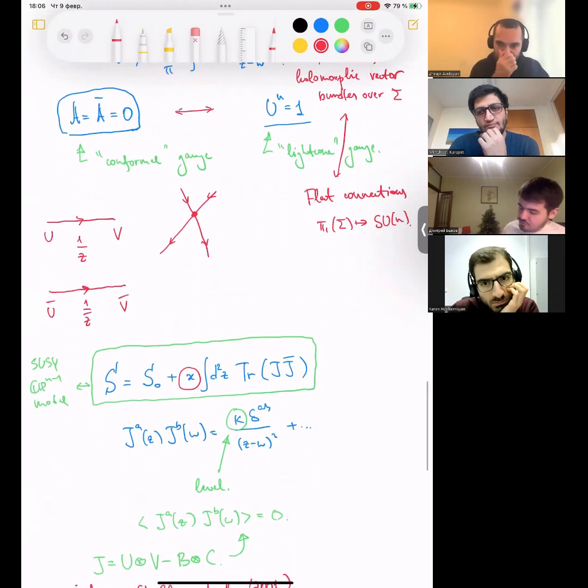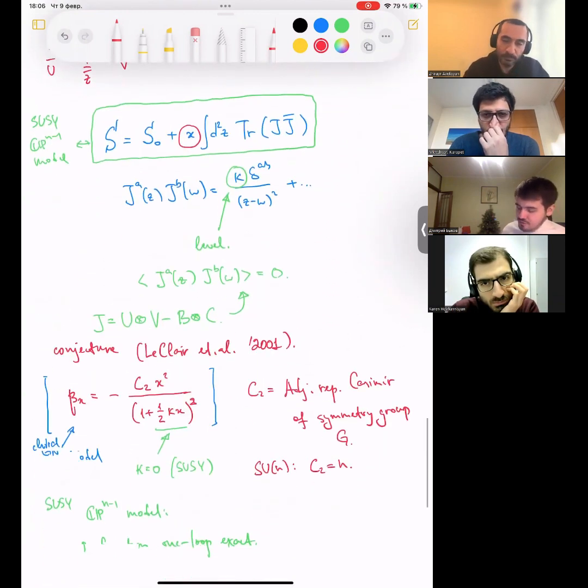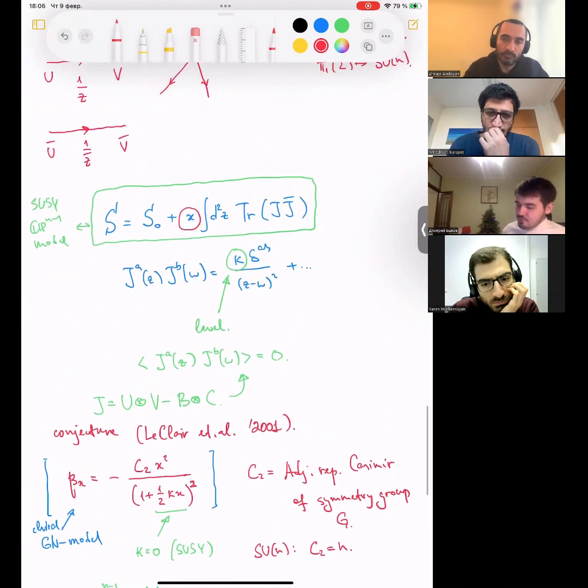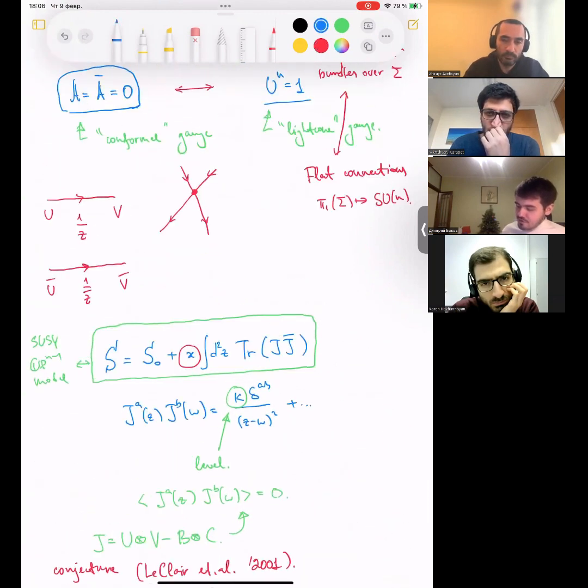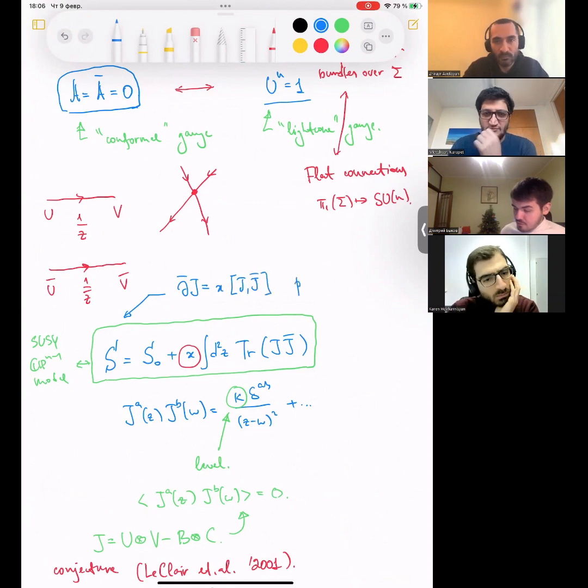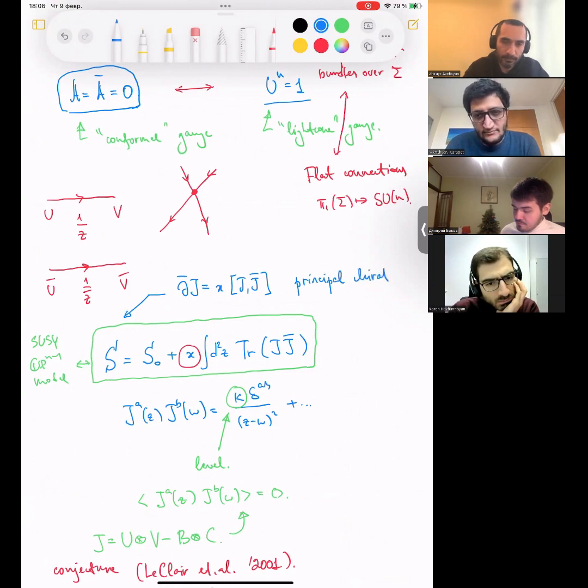Maybe I should also mention that these models are believed to be integrable. One main reason for this is that when you consider this action, the equation of motion for the current J is just d bar J equals kappa commutator of J and J bar. So these are principal chiral model equations of motion, which is known to be integrable. These models are sub-models of the principal chiral model in some sense, so integrability comes from this fact.